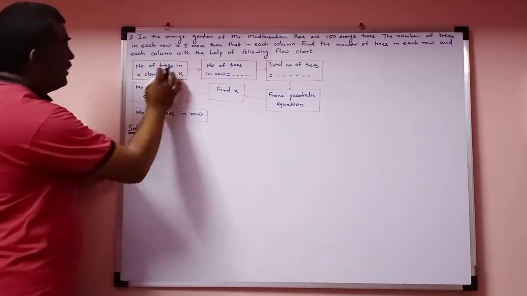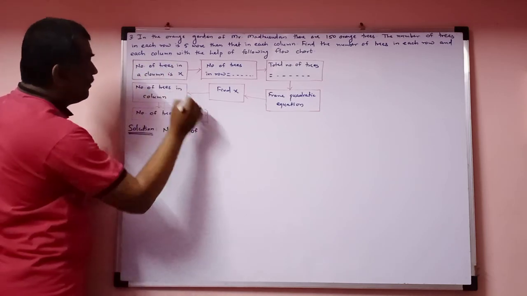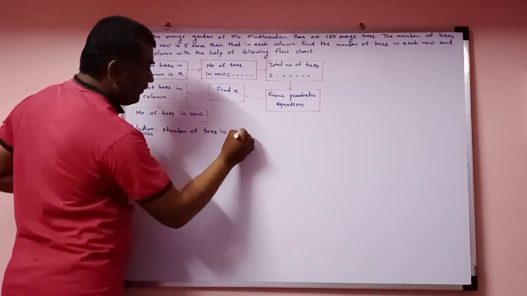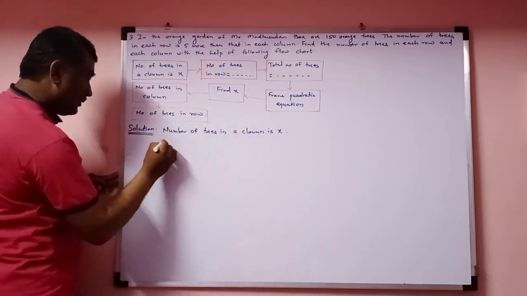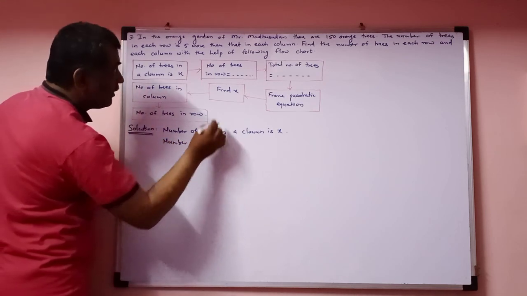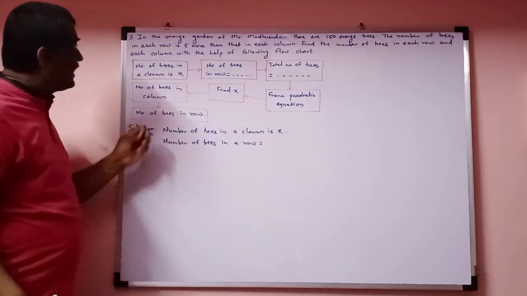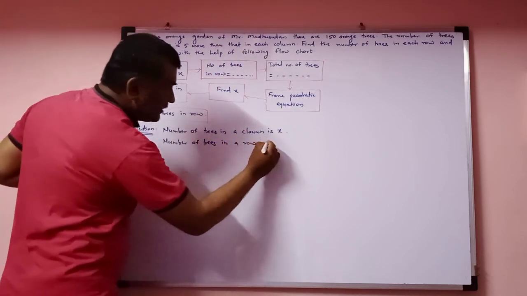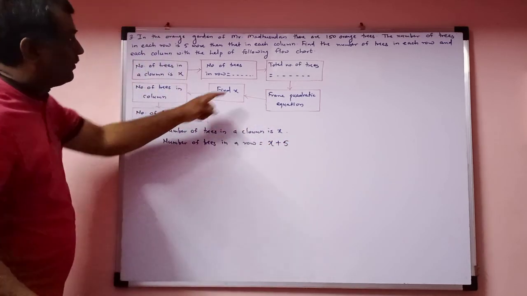पहा या ठिकाणी number of trees in a column is x. Number of trees in a row is equal to row मध्ये काय म्हटलं बघा 5 more than each column. कॉलम पेक्षा 5 न मोर म्हणजे काय कॉलमची किती आहेत x more than 5 means x plus 5.